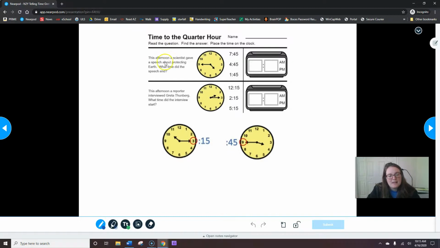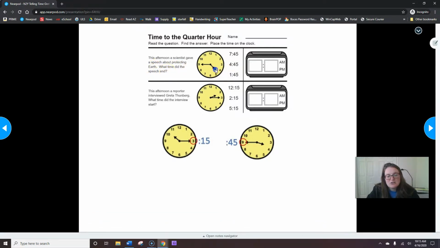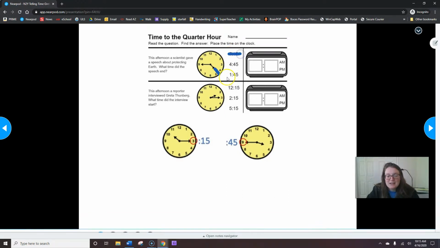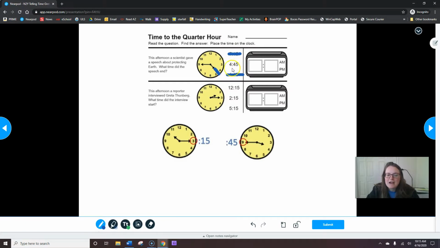This afternoon, a scientist gave a speech about protecting Earth. What time did the speech end? So, first we go to our little hand. My little hand is between the 4 and the 5. It didn't get to 5 yet. So it means it's still 4 something, not 7 something, not 1 something, 4:45. Let's check the minute hand just to make sure.